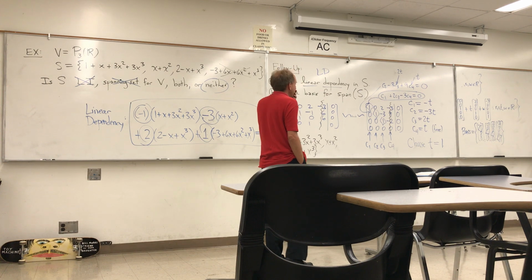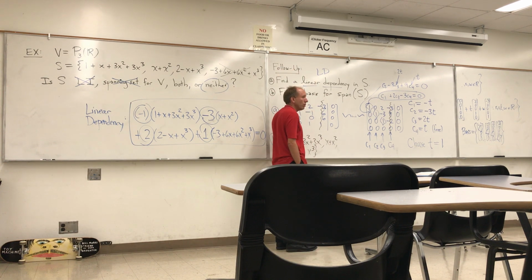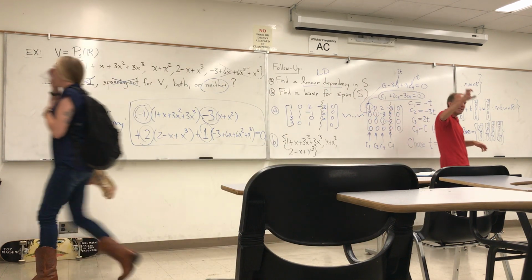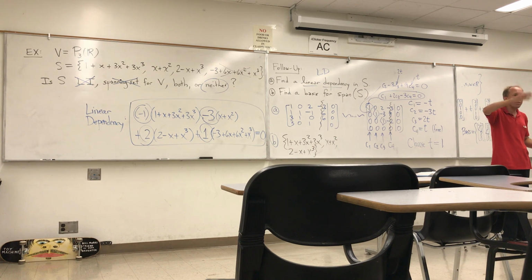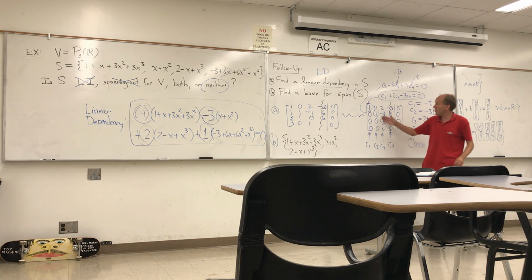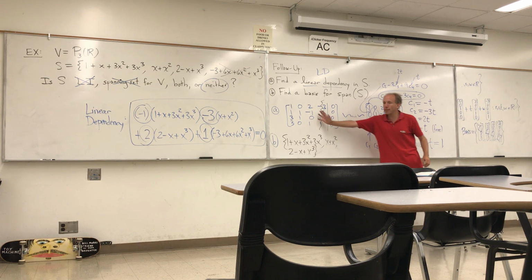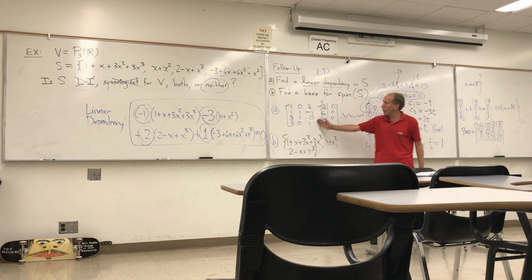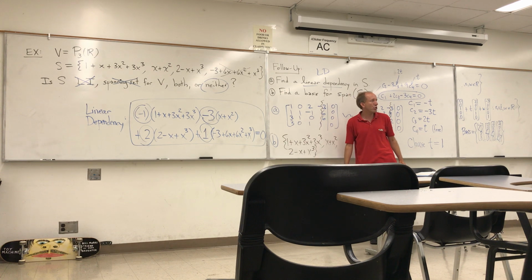No. You have to go back to the original vectors here. It's kind of like when you find a basis for a column space of a matrix. You can't just take these pivoted columns. You have to go back to the original columns up here. Yeah. So you would need to go back and grab these for sure.